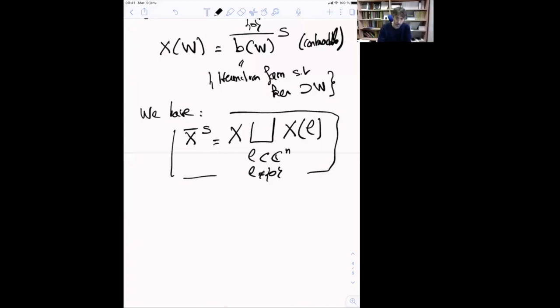At the boundary, you have a cover. We just described the cover by XL, and how do these covers intersect?